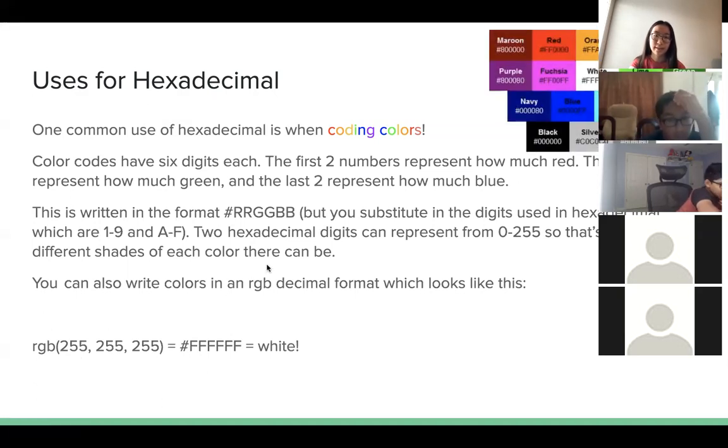And that describes white. You can see a couple more color codes up there. Something important to remember is that it's not all one hexadecimal number, but 3 hexadecimal numbers that are each 2 digits, and they just smash them together.